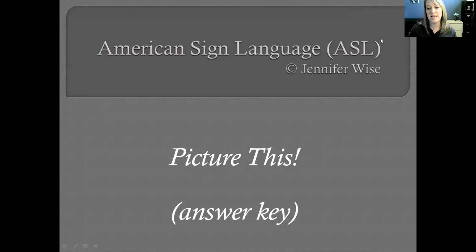All right, let's see how you did. Okay, here's the answer key. So keep in mind that if your perspective was backwards on any of these, that's okay, totally normal. That will come in time. Just remember that you're looking at things from the signer's perspective, and with practice, you'll get it.